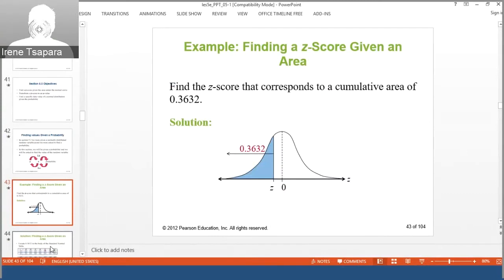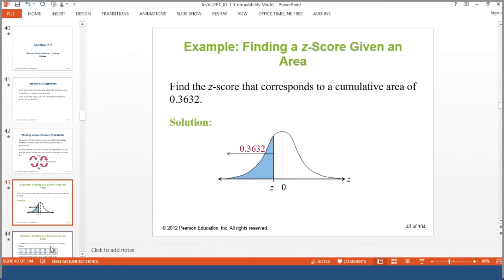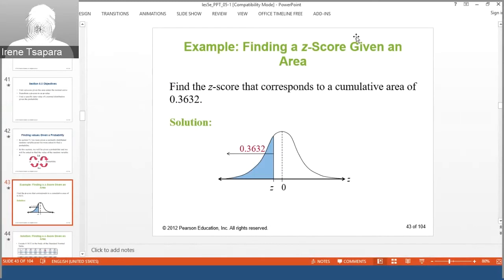we got the idea of how we actually calculate probabilities given either specific means and standard deviations for different distributions or specific z-scores. Now, let's try to look at the same problem the opposite way. What do we have to do? We need to find the z-score that corresponds to a cumulative area of 0.3632.